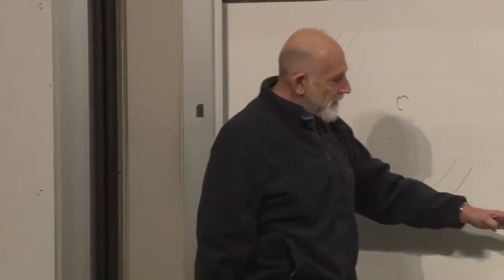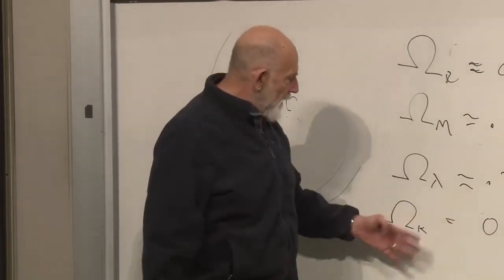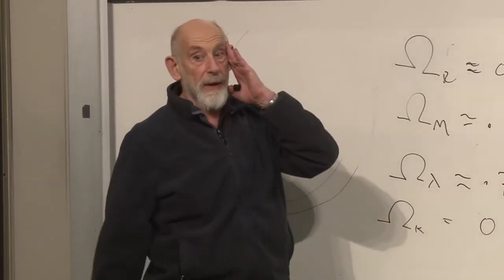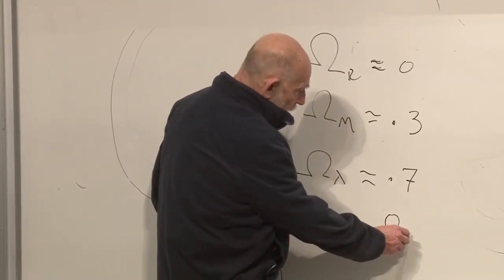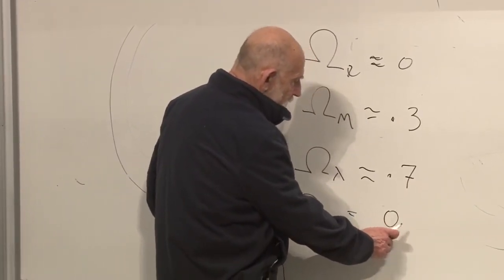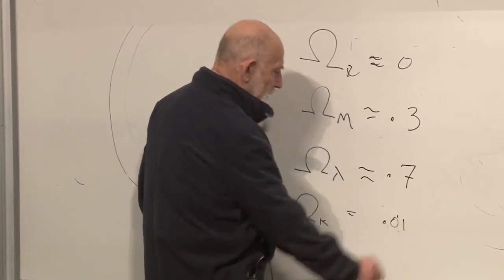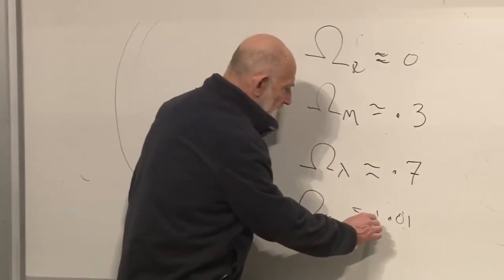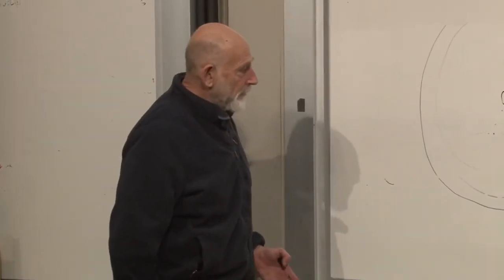And 0, he means it could be 0.1 or it could be minus 0.1. But no, I take that back. Whoa, 0.01. Could be 0.01, plus or minus. It could be that small, or it could be that big.